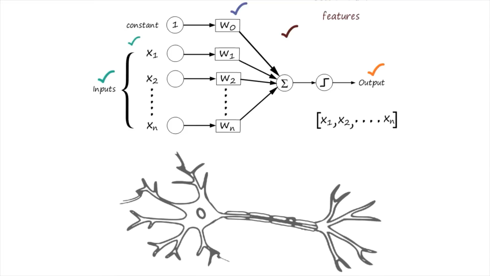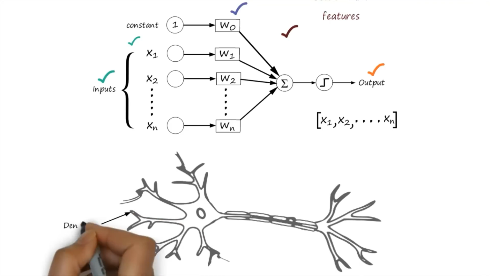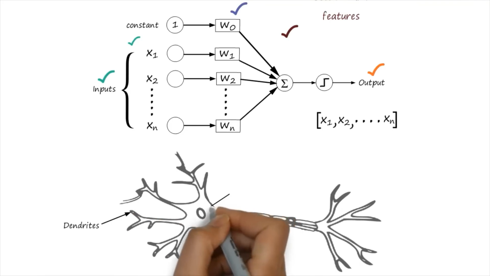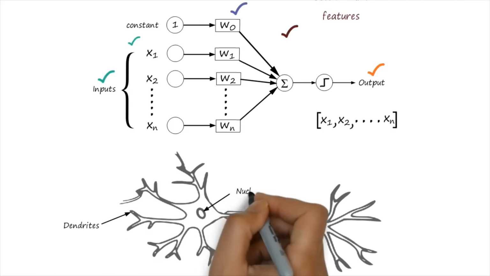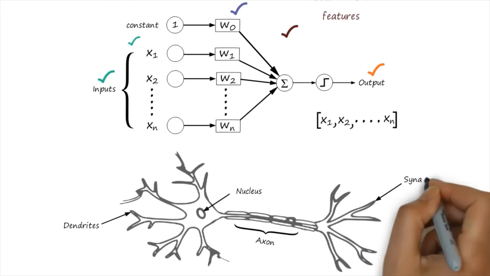So this is the architecture of our brain cell, and we know that this part is known as dendrites. This part is known as nucleus, and this part is known as axon, and this part is known as synapse.